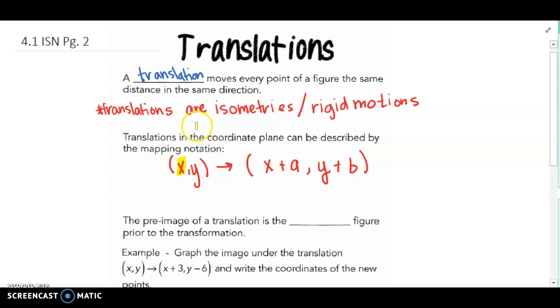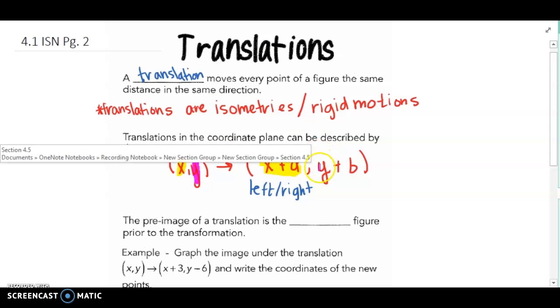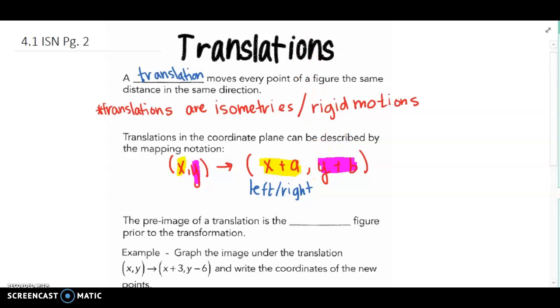If we have a coordinate axis, the x coordinate tells us how far left or right to go, so x plus a tells us if we move left or right. The y-axis is up or down, so y plus b tells us how far up or down we're going.